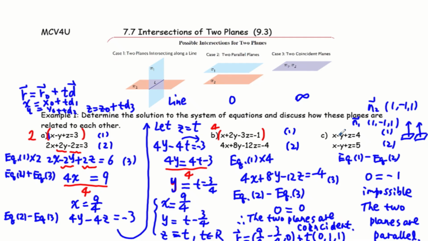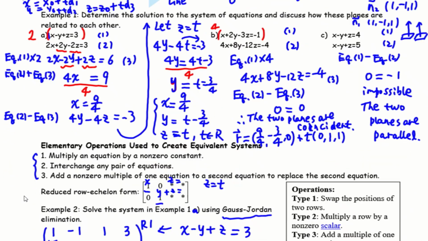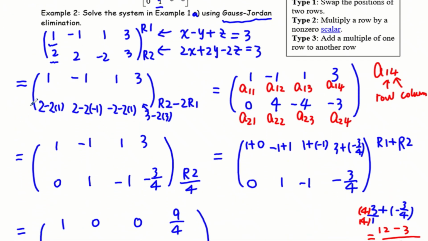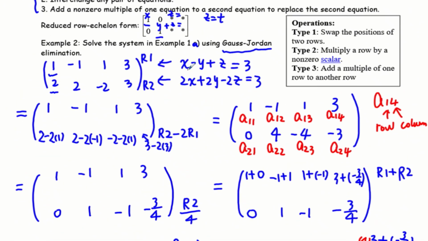Also you could see from the normals, they are either the same or a multiple of the number, then they are the same plane. And when we solve it, we want to use the Gauss-Jordan elimination method. So we just take the numbers at the front of x, y, z and put the constant at the very end.